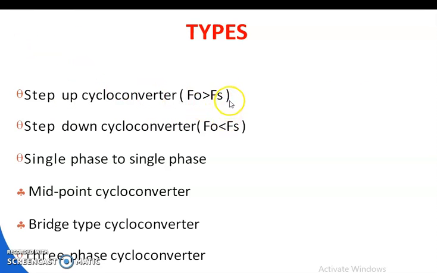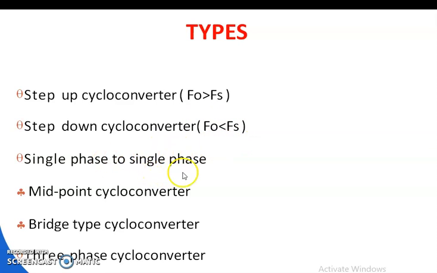Now what are the types of cyclo-converters? First one is the step-up cyclo-converter. Here Fo is greater than Fs, where Fo means the output frequency and Fs means the supply frequency. So it is a cyclo-converter in which the output frequency is more than the supply frequency. Second one is the step down cyclo-converter, where Fo is less than Fs, meaning the output frequency is less than the supply frequency.